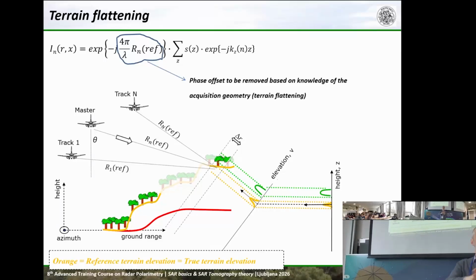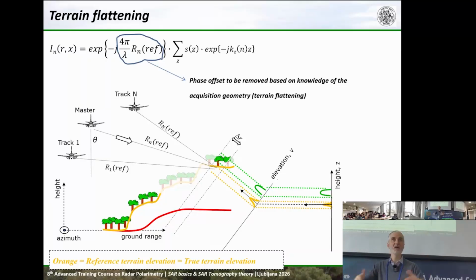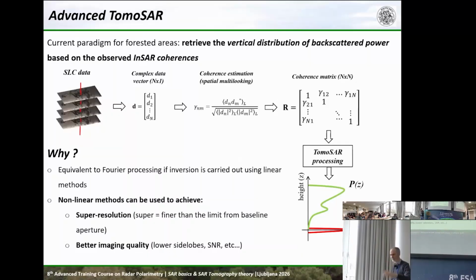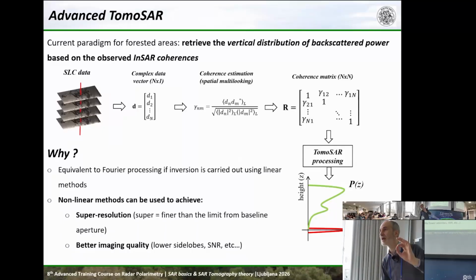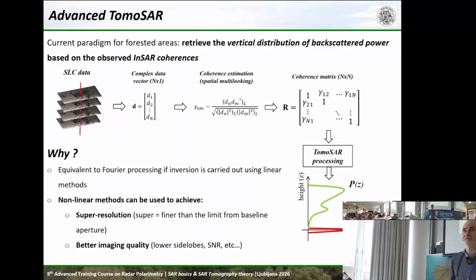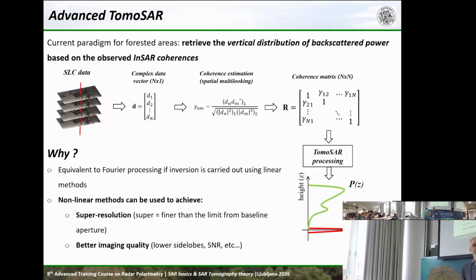And this is the way we can provide a physical interpretation of what we see in terms of biophysical parameters. I think this is really it. This is a simple way to do tomography, but believe me, this is the right way to understand tomography. So stick to it.